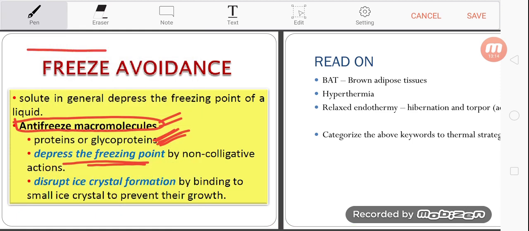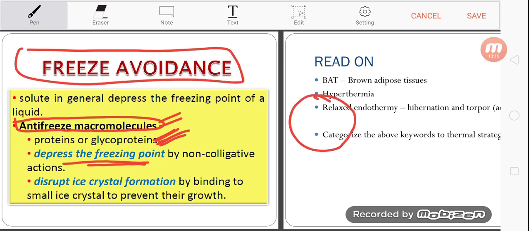So what happens in this strategy is, we have a cell, okay, suddenly an ice crystal forms, and this cell will produce antifreeze molecules. We make it blue color. Okay, so this antifreeze molecule will disrupt this ice crystal formation, no more ice crystal formed.